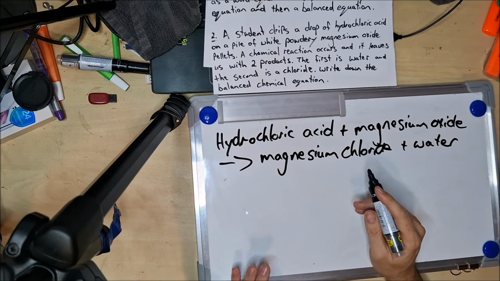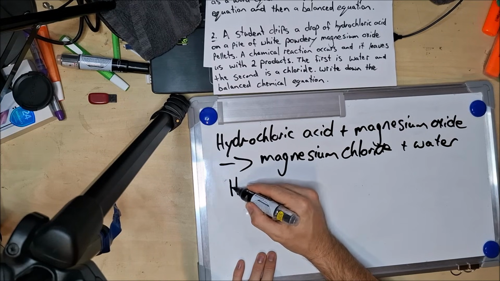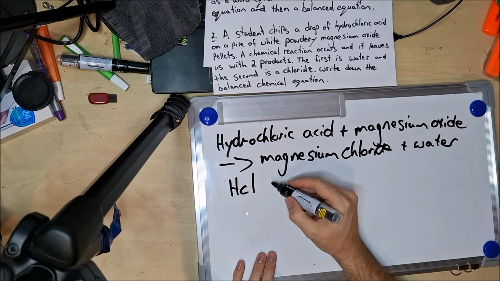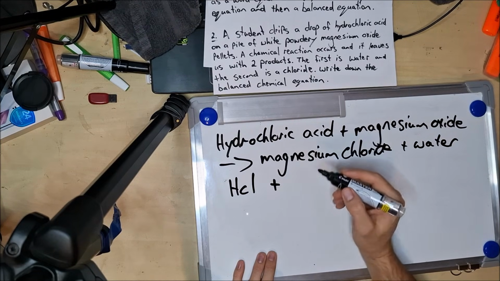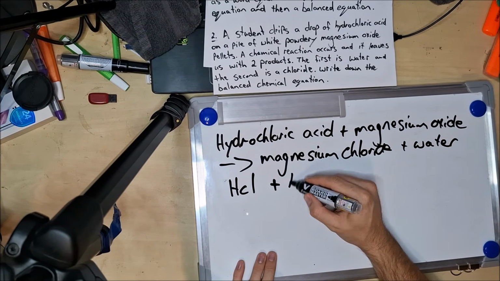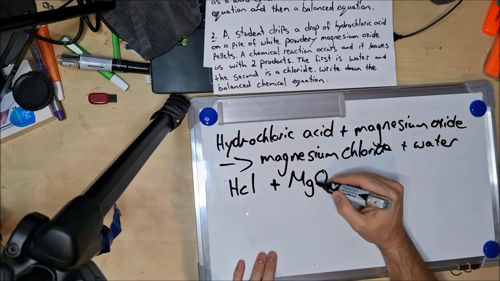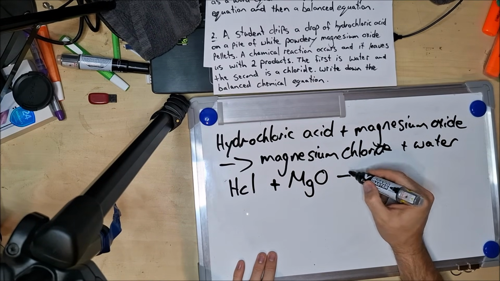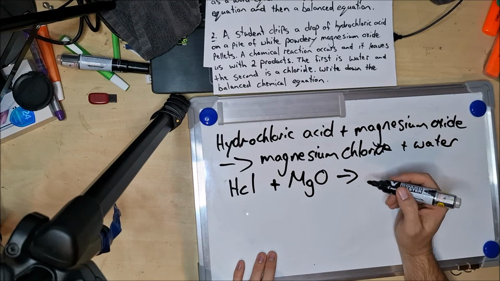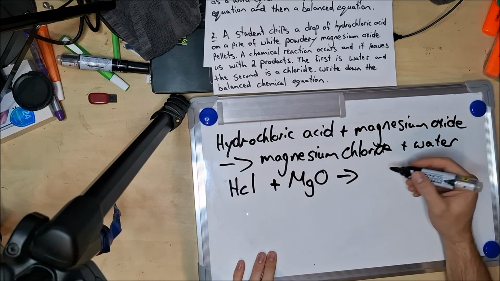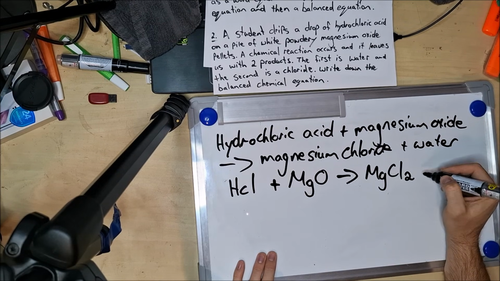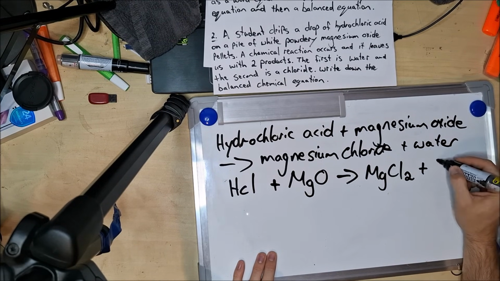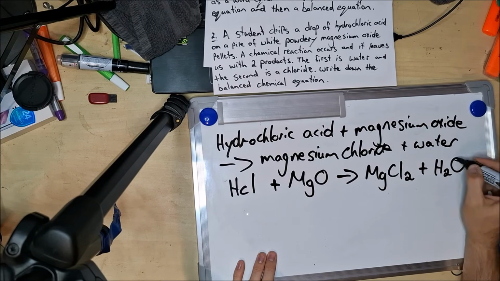So first of all, hydrochloric acid, by now you should know, is HCl. That's done. Plus magnesium oxide, we've done it in the previous one, MgO. Okay, that gives us magnesium chloride, MgCl2, plus H2O.